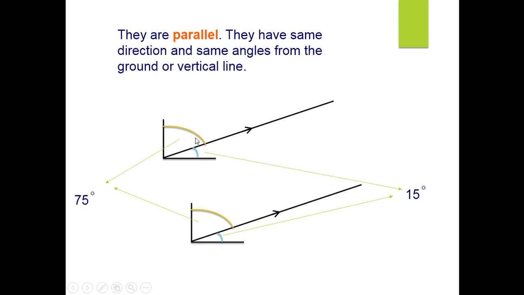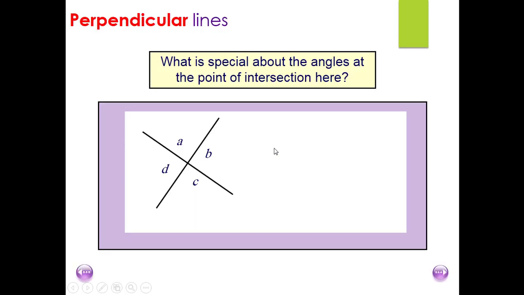And the same thing with the vertical or normal line. I will have the same angle. So when I have two parallel lines, they will have the same angle from the ground, which is 15 degrees, and the same angle from the vertical line, which is 75 degrees. So parallel lines share the same angles from the ground and vertical line.